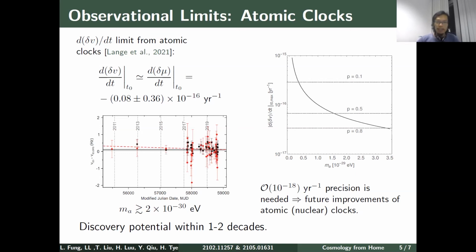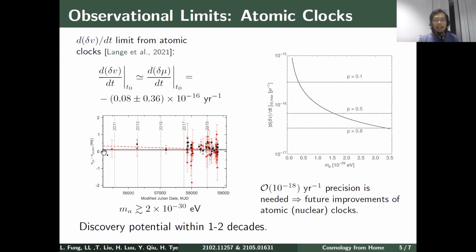Or we can find them in the very distant past by looking at the sky. In terms of annual drift, the current best results come from atomic clocks, measuring some very heavy atoms and their frequency differences in different modes.